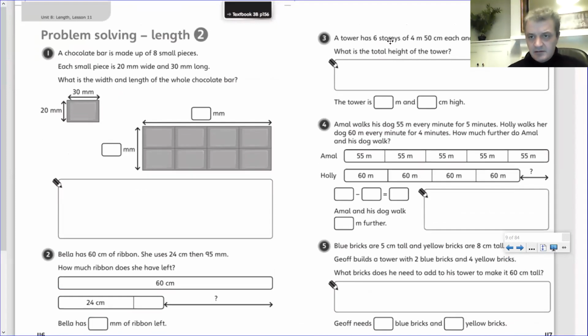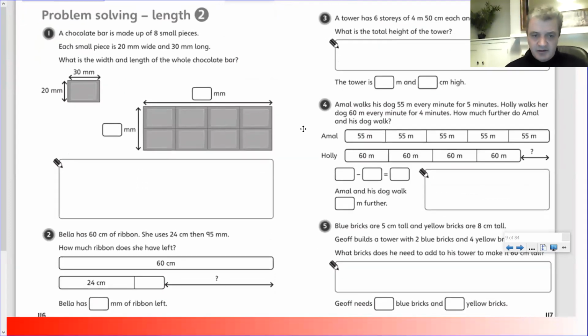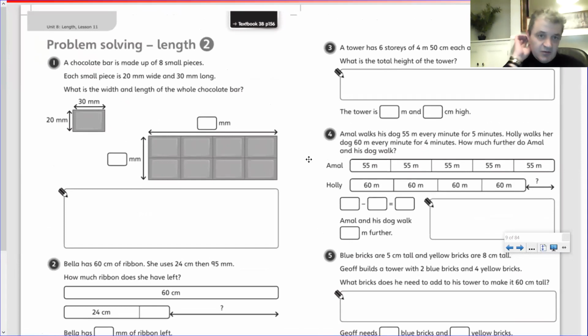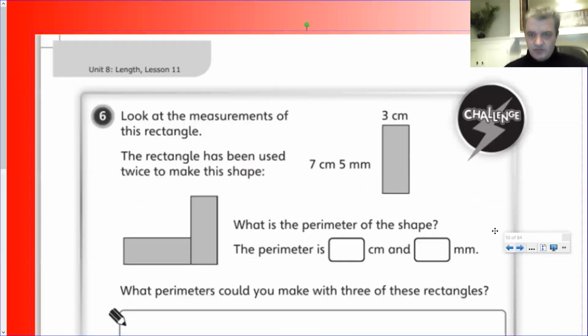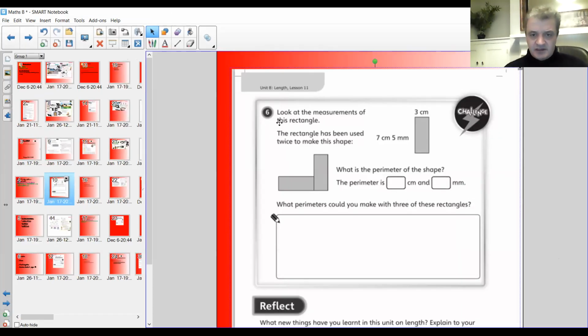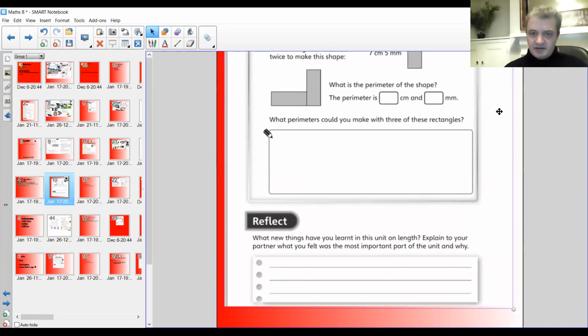Basically, it is lesson 11, page 116, problem solving length 2. I'll just click on to challenge here. Just go and have a go at the challenge and the reflect.